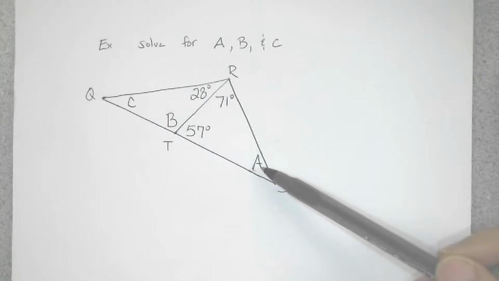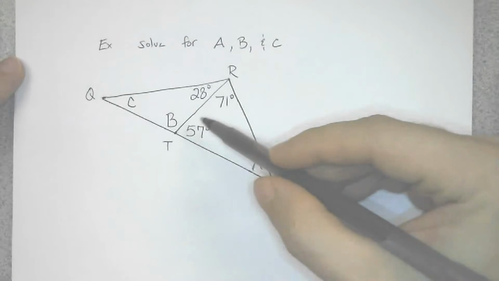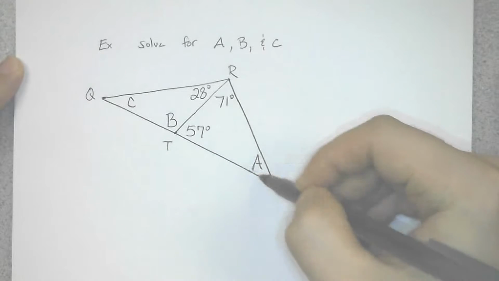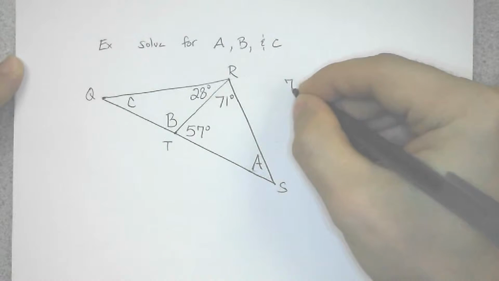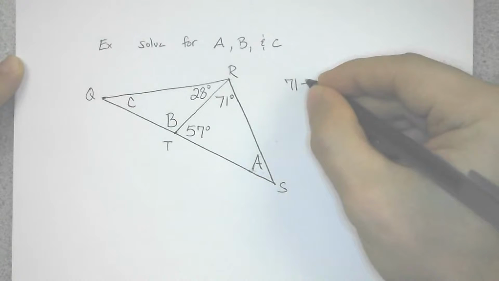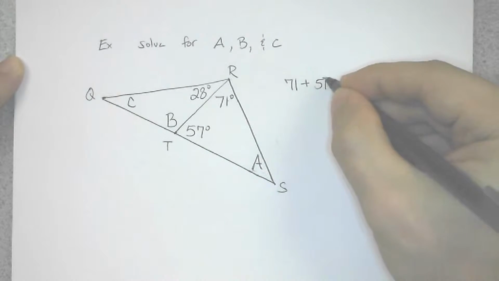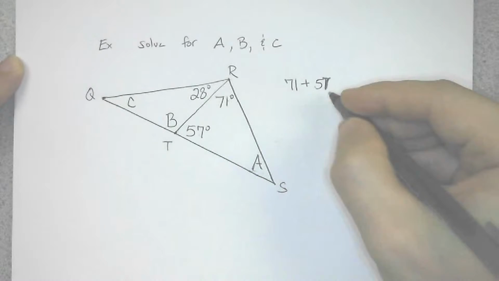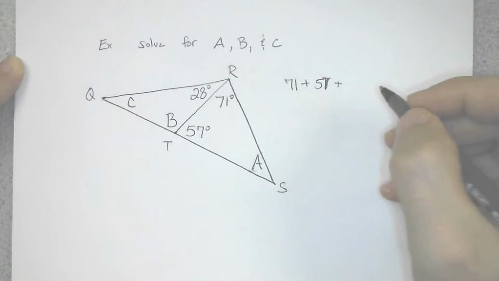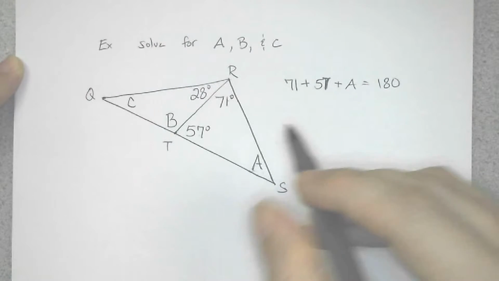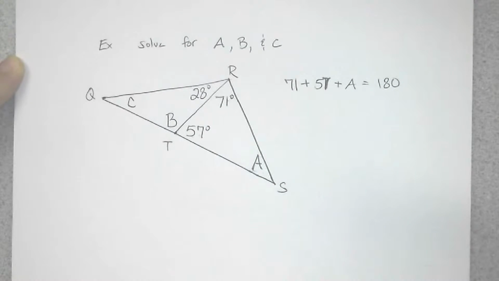So let's go ahead and solve for A first. In triangle TRS, all the interior angles have to add up to 180. In other words, 71 plus 57 plus angle A, they all have to add up to 180.